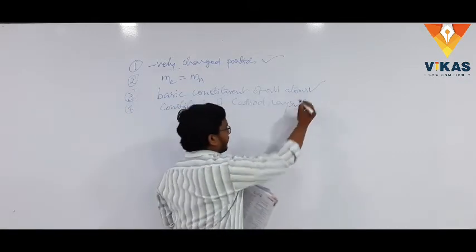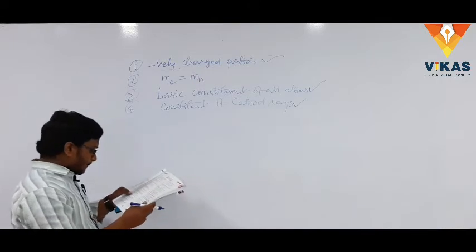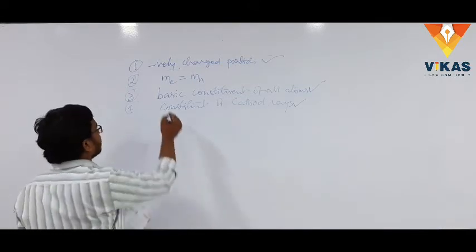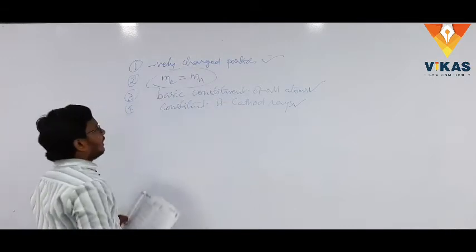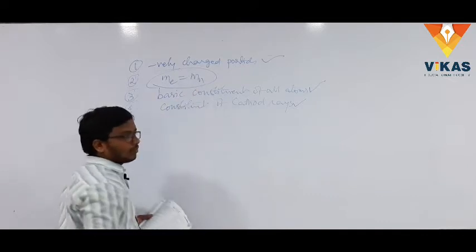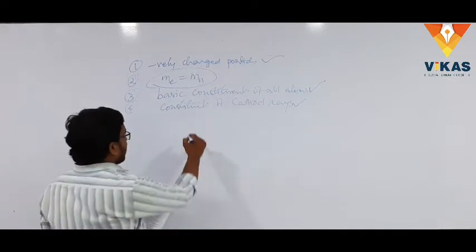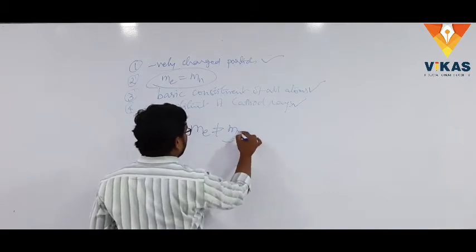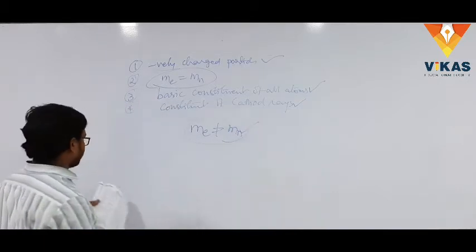So this is also correct. So what did they ask? Which of the following statements about the electron is incorrect? The incorrect statement is that the mass of an electron is equal to the mass of a neutron, which is a wrong statement, because the mass of an electron is not at all equal to the mass of a neutron. Mass of neutron is higher.